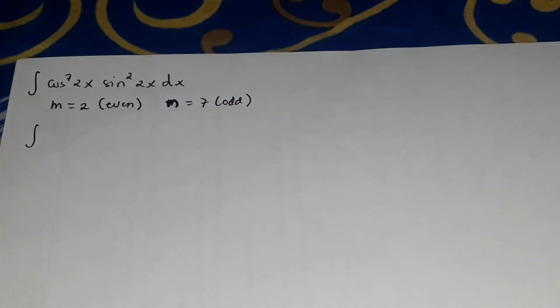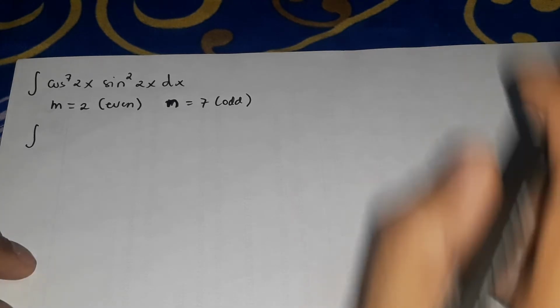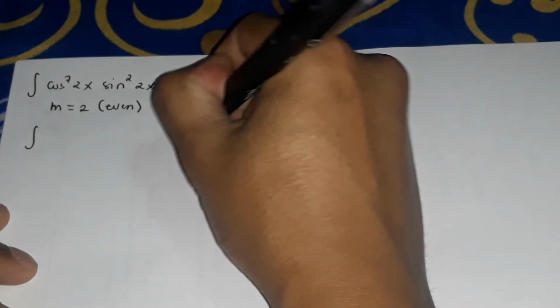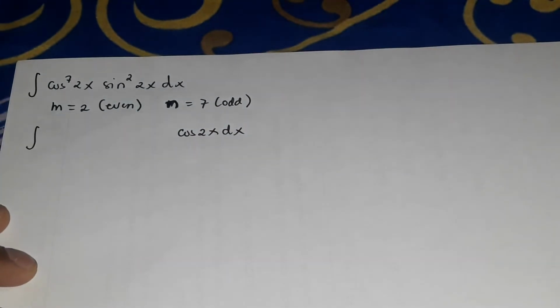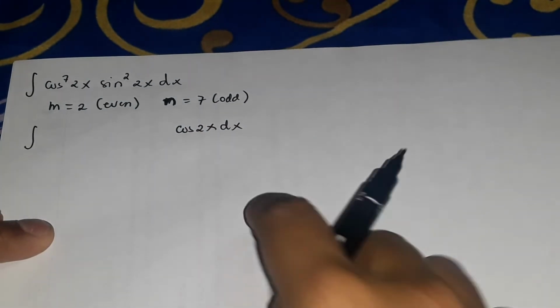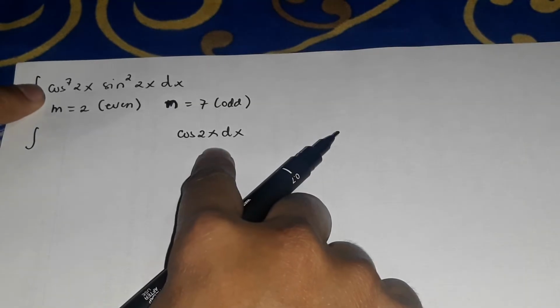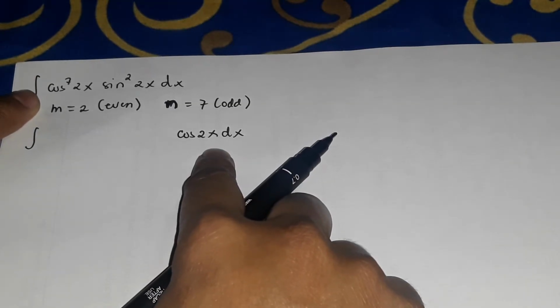So in this case, we will now be factoring out cosine 2x, and I will write it beside dx. So I now have cosine 2x dx. Again, originally, I have cosine raised to 7 2x, so I will write cosine raised to 6 2x.